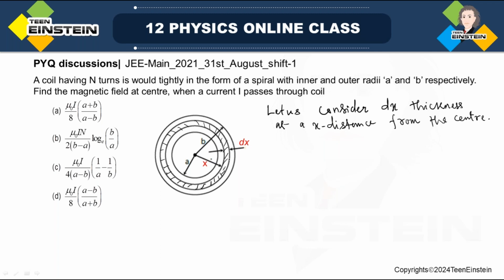I can just consider a kind of ring having thickness dx.